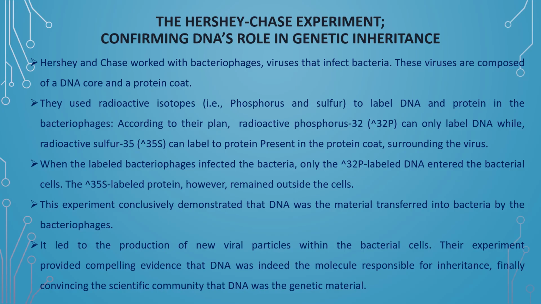They used radioactive isotopes to label the bacteriophages. The fact they took advantage of was that phosphorus is not present in protein and sulfur is not present in DNA. So they used radioactive phosphorus to label DNA and radioactive sulfur to label protein.